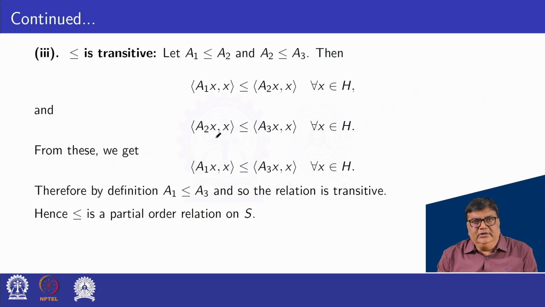So putting the value of the inner product of A2x and x in this, we get this one. Therefore, by definition, A1 ≤ A3, and so the relation is transitive. Hence, ≤ is a partial order relation on S.